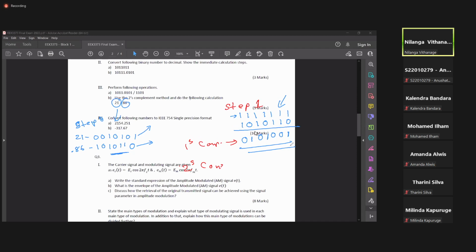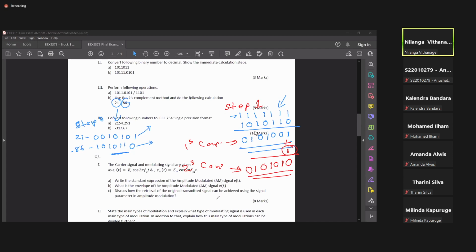To get the 2's complement value, you have to add 1. Plus 1 means 1 plus 1 is 0, and there is a remainder 1. Then there are no more numbers, right? So 0, 1, 0. I think this is clear. You just need to add 1. That's all. So this is the 2's complement value.